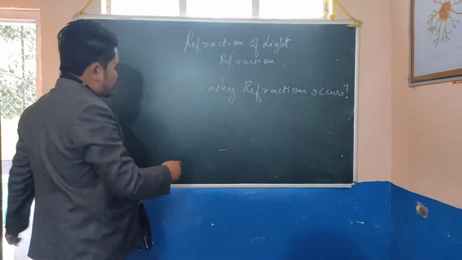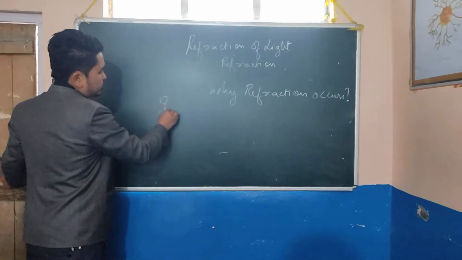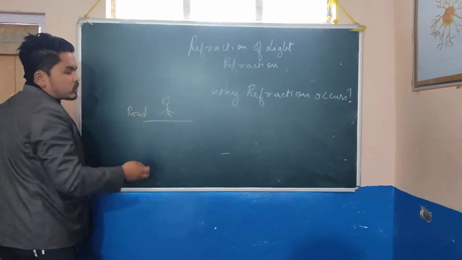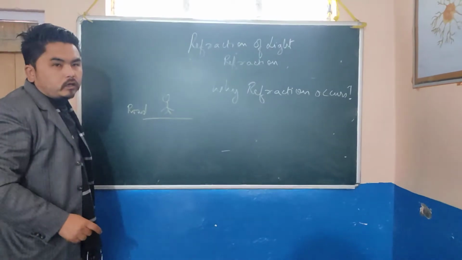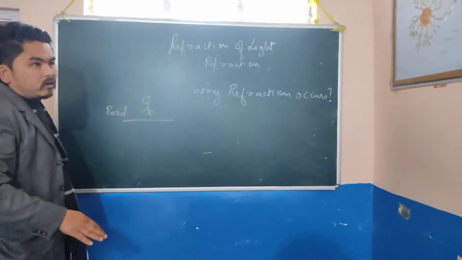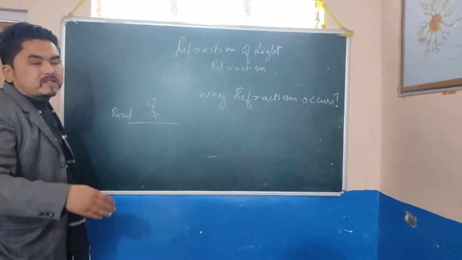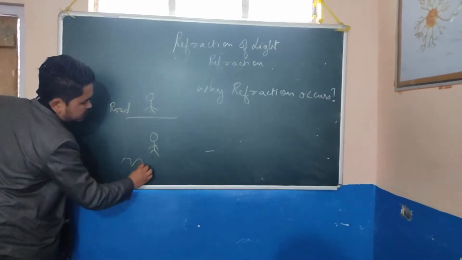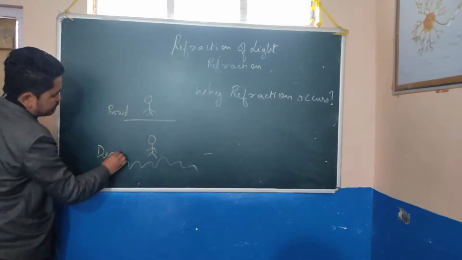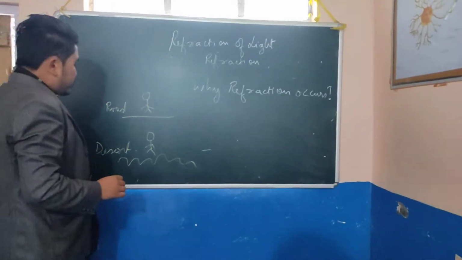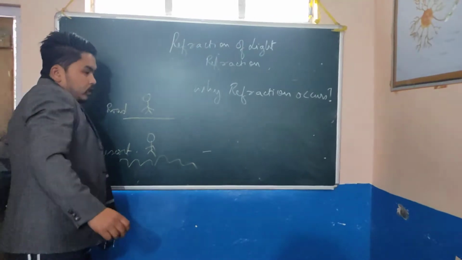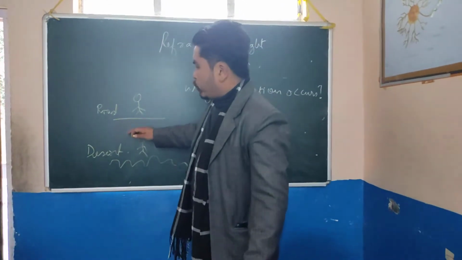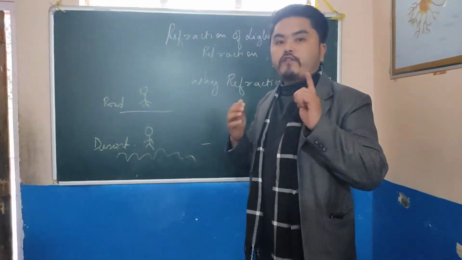Now let us consider there is a boy. This boy is running on a road made of cement, a very steep road, and the same boy is running on sand, or let's say a desert. Consider on which path the boy is going to run very fast.